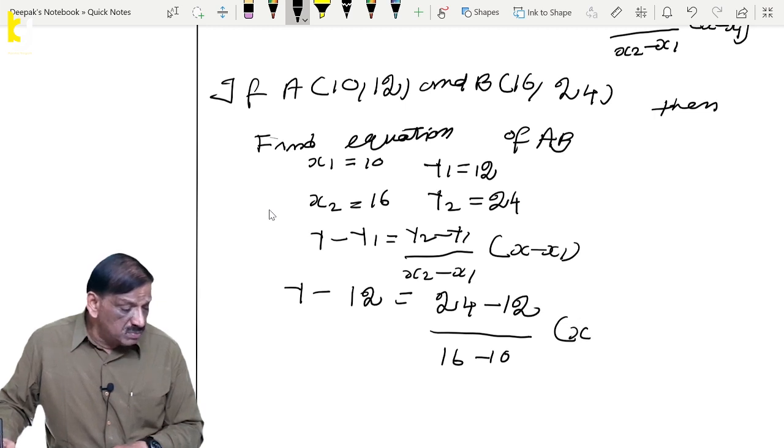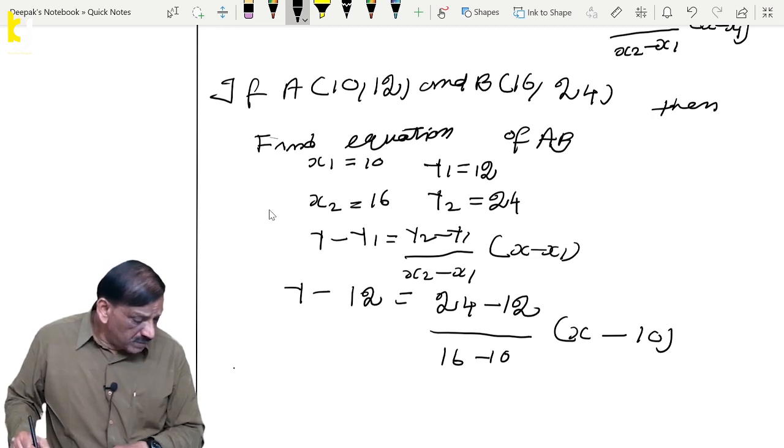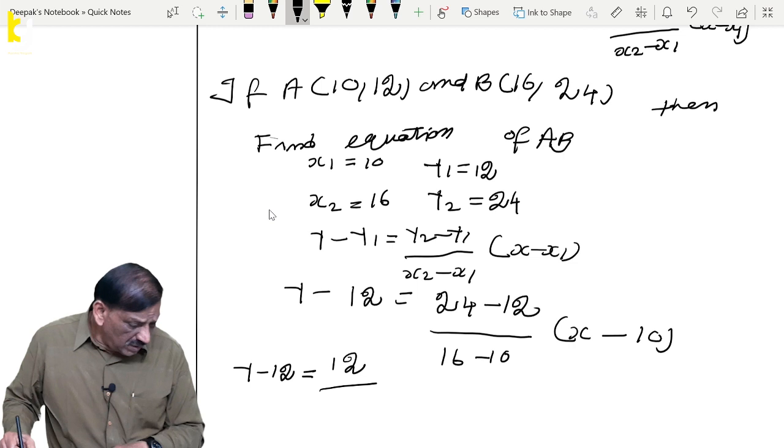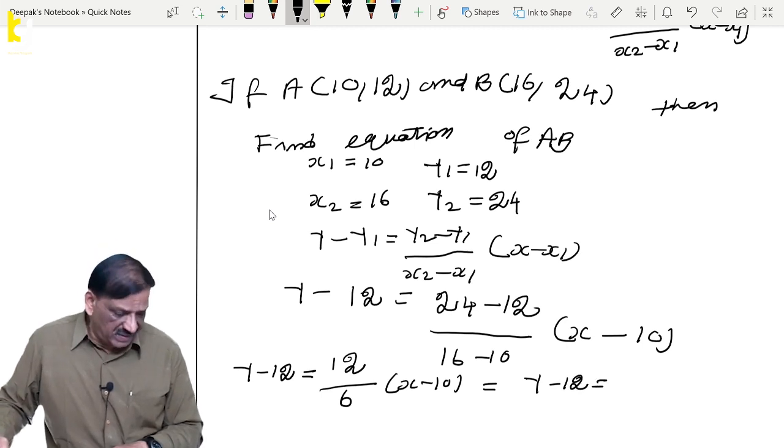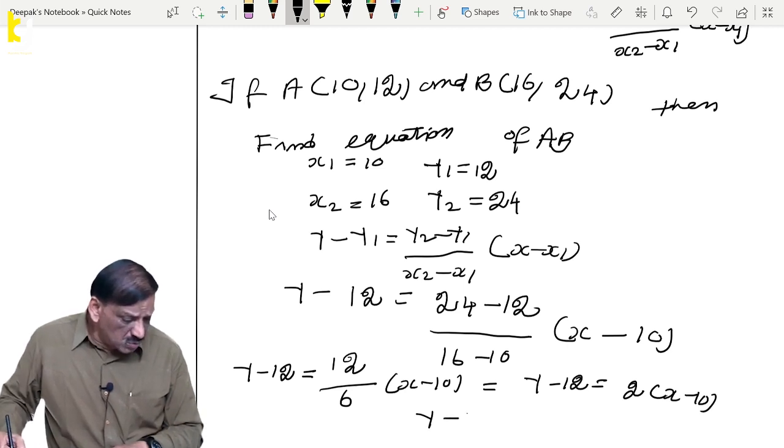That is y minus 12 equal 12 divided by 6 into (x minus 10), that is y minus 12 equal 2 into (x minus 10).